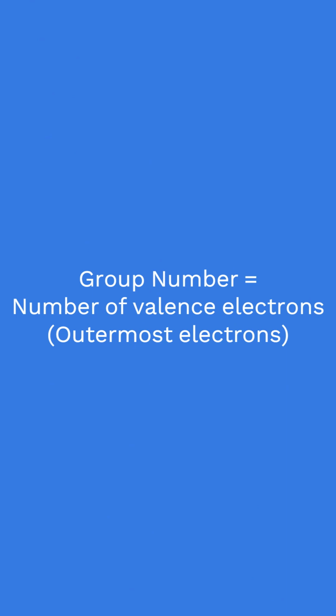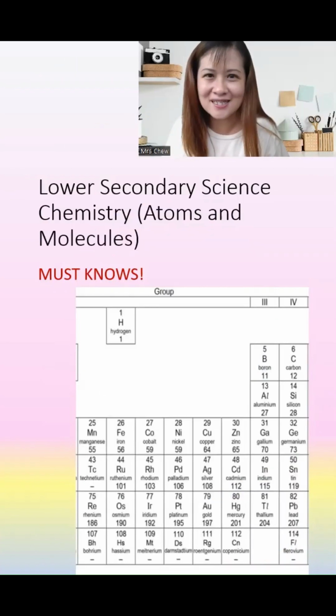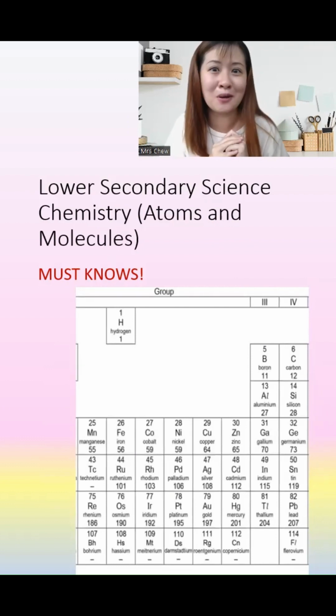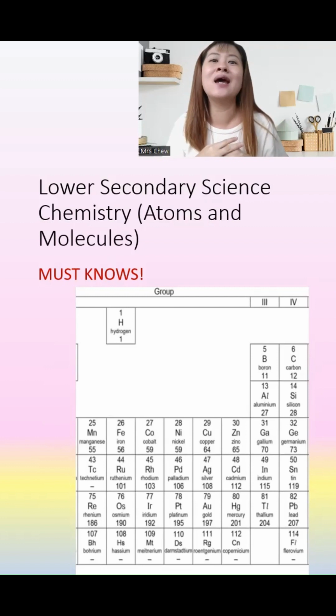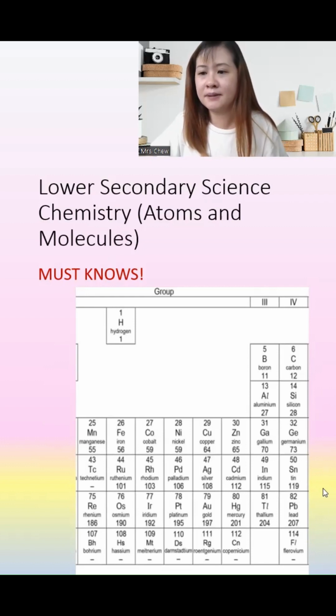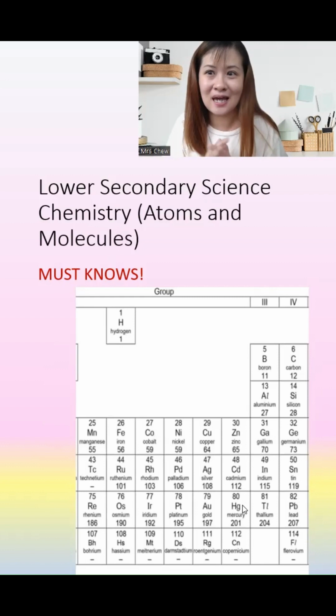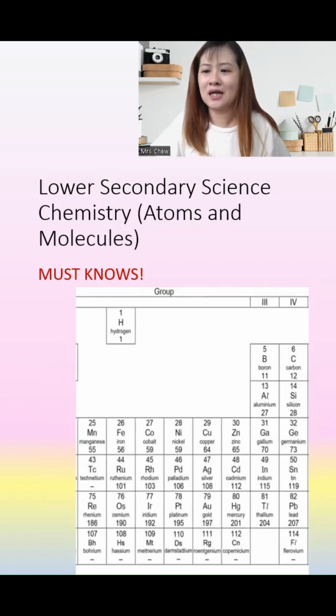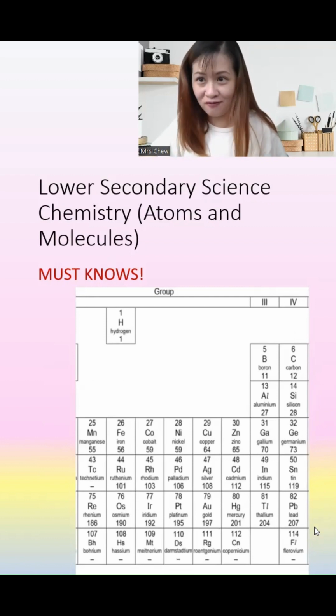Group number represents the number of valence electrons, which is the number of outermost electrons. Later, we are going to do some questions on electronic configuration, and we will show you that if you have 3 valence electrons, you will be positioned in group 3. If the element has 4 valence electrons, 4 outermost electrons, you will be positioned in group 4.